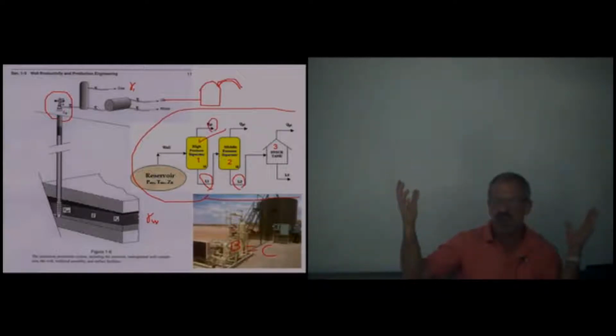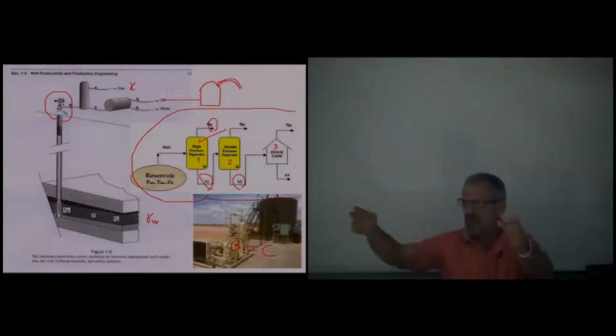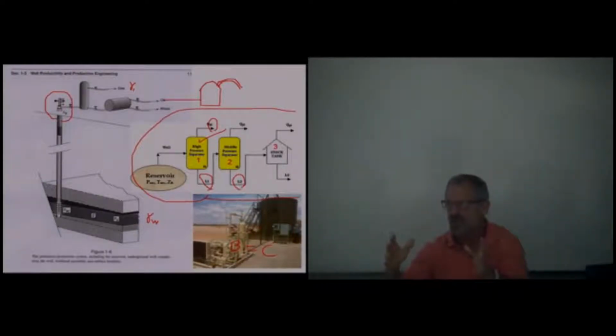90% of the gas that I sell is going to come right off that high pressure separator, and I know that because we have custody transfer. The gatherer is buying that gas, and he wants to get what he's paying for, and so he consistently, maybe daily, weekly, monthly, samples that, depending upon how much it changes, for two things.